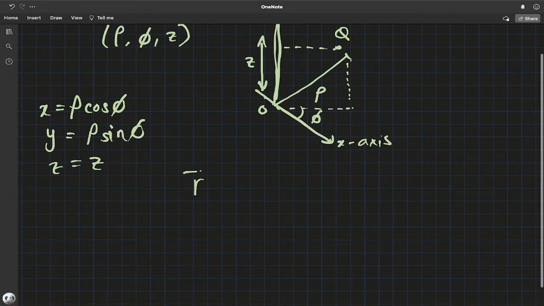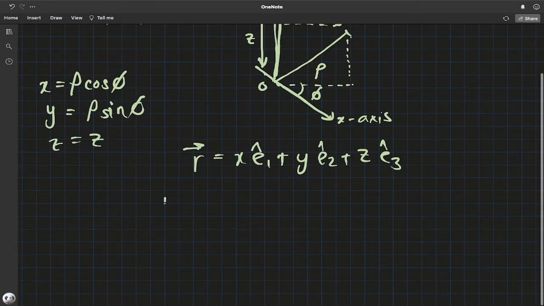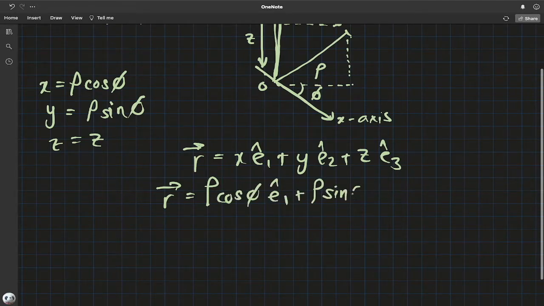And now we can define our position vector as x e1 hat, y e2 hat, z e3 hat. This is the position vector of point xyz in the Cartesian system. Now we can represent the same using these guys. So we have rho cosine phi e1 hat plus rho sine phi e2 hat plus z e3 hat.